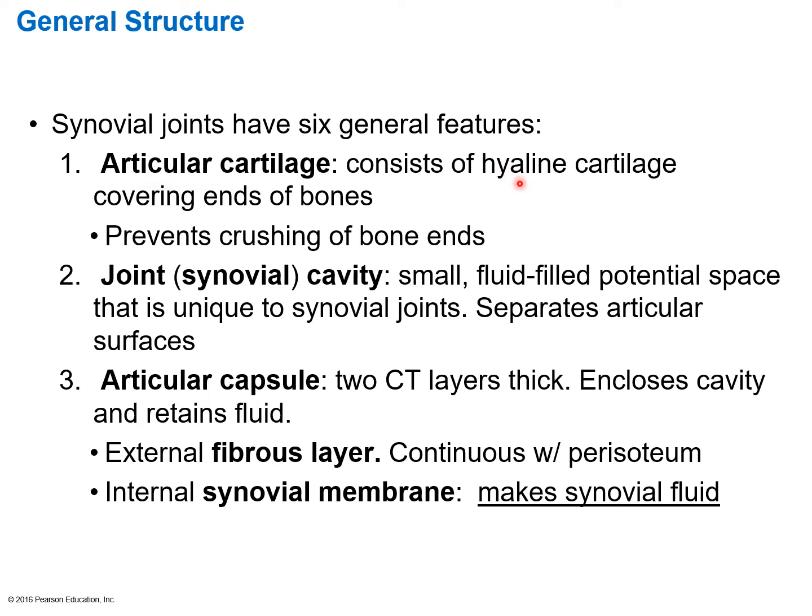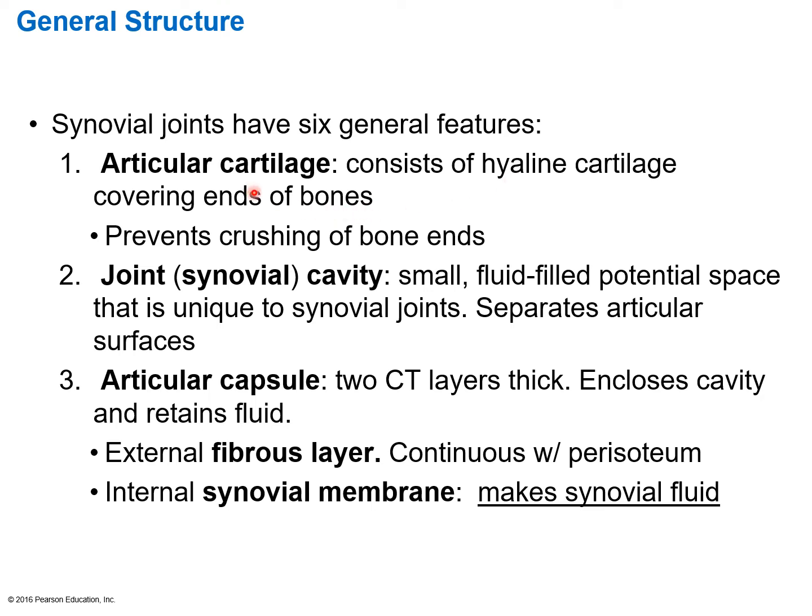And we know that in most cases, the type of cartilage we find is hyaline, unless we're talking about the cartilaginous joints of the symphyses where we find fibrocartilage. But in synovial joints, we find specifically hyaline cartilage.